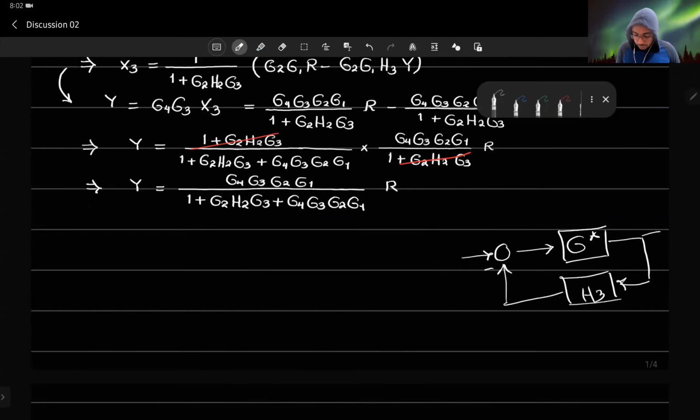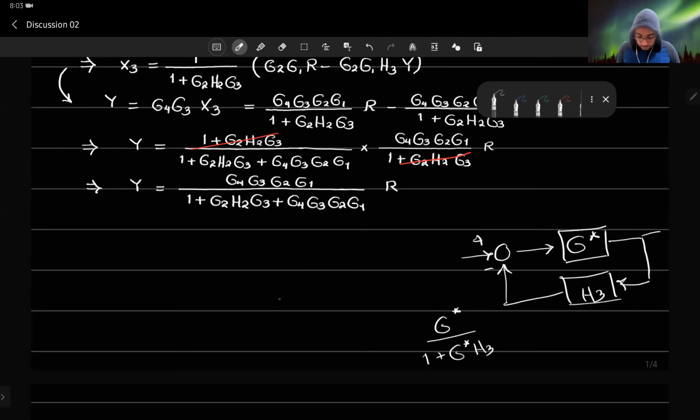This point is plus, so we know the rule for this: the transfer function for this part is G star divided by 1 plus G star times H3.